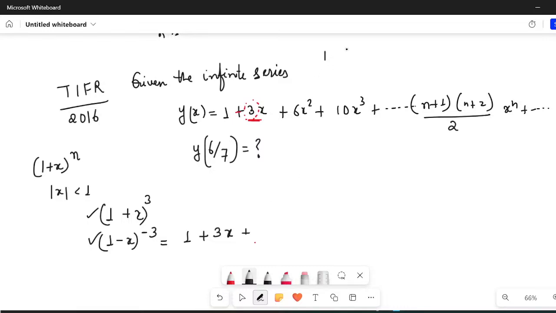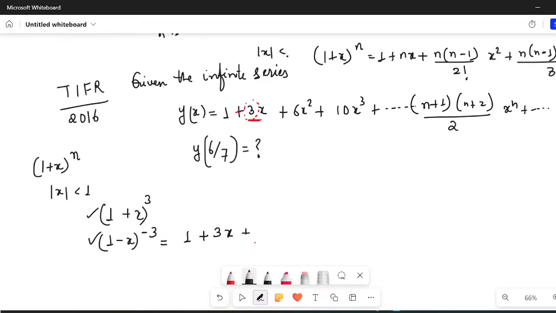I hope everybody knows the formula for binomial expansion: 1 plus nx plus n into n minus 1 by 2 factorial x square plus n into n minus 1 into n minus 2 divided by 3 factorial into x cube, and so on and so forth. And this is convergent for all modulus of x less than 1.